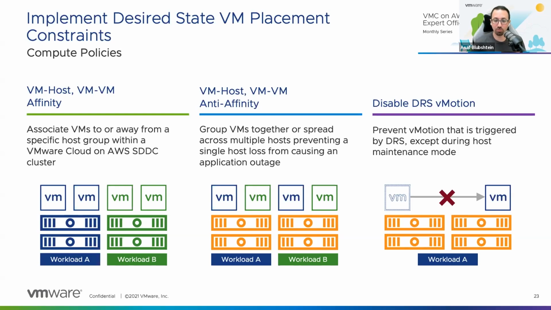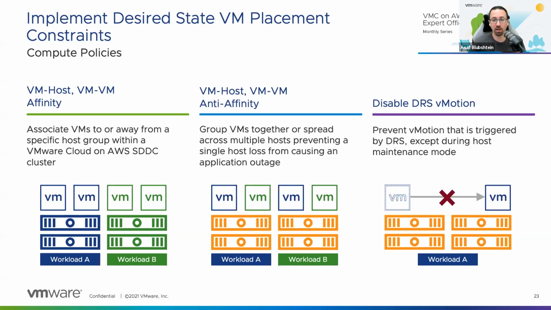So we have 3 types of compute policies, which are VM to VM affinity, VM to VM anti-affinity, or VM to host anti-affinity. And one other one that is very specific and unique to VMware Cloud on AWS, which is disable DRS vMotion. For example, DRS is enabled in VMC, so we can load balance your workloads.